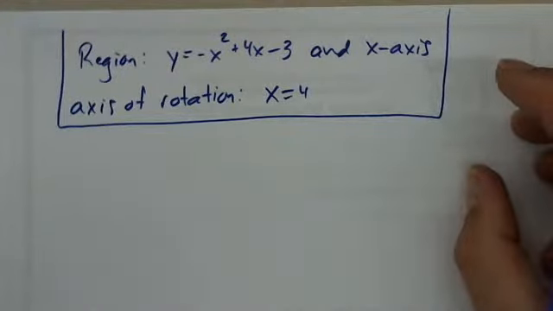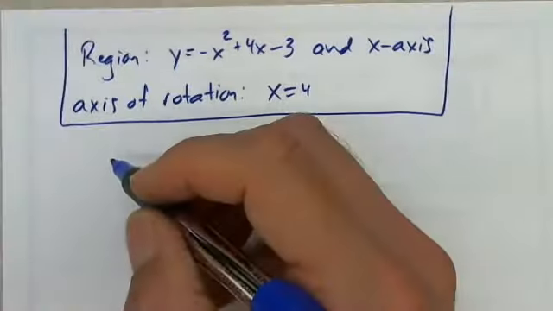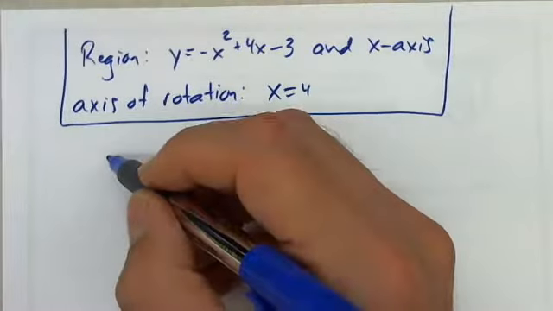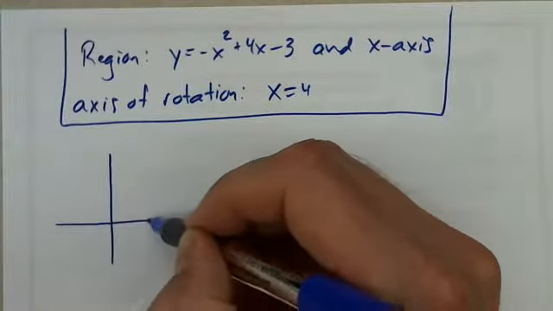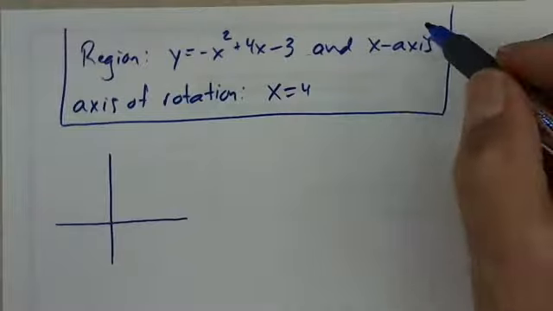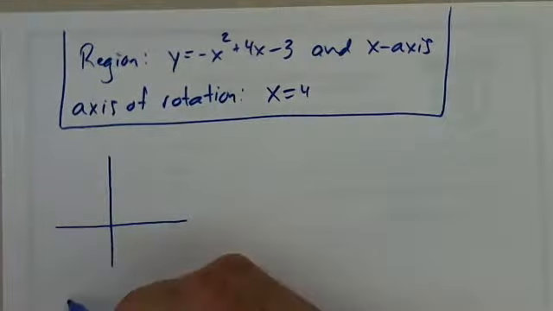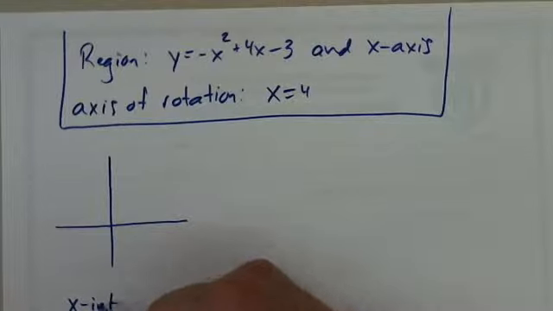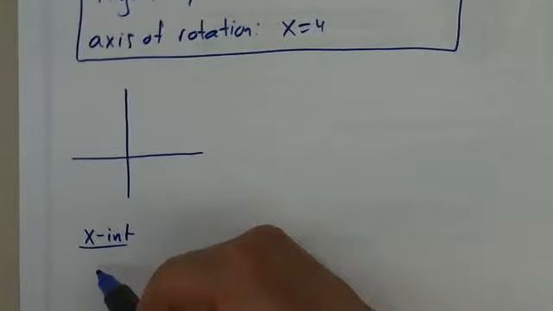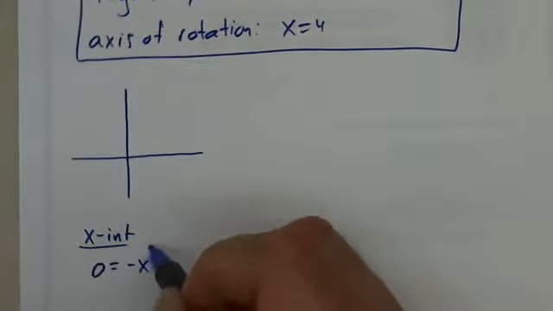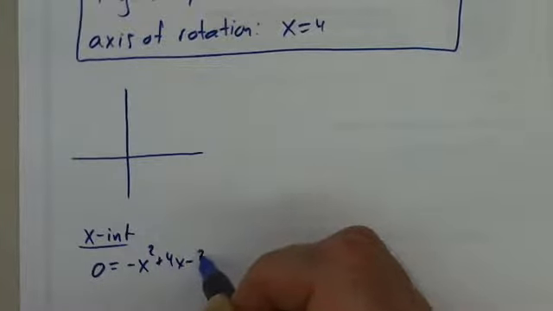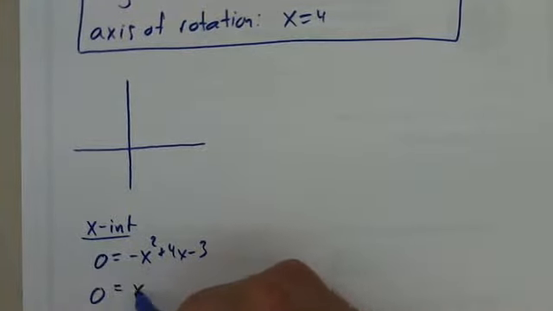And so if we wanted to graph this, we want to find its x-intercept. Divide by a negative.